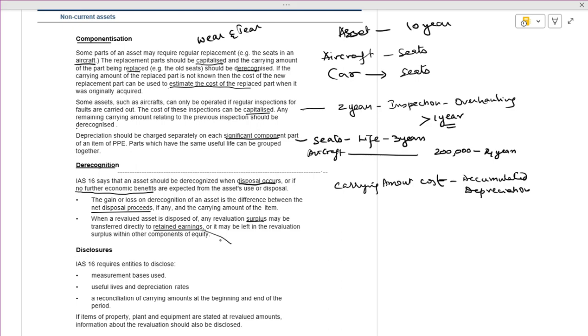There is no further continuation of the asset as a non-current asset in the statement of financial position. That is the reason it may be left in revaluation surplus with other components of equity.